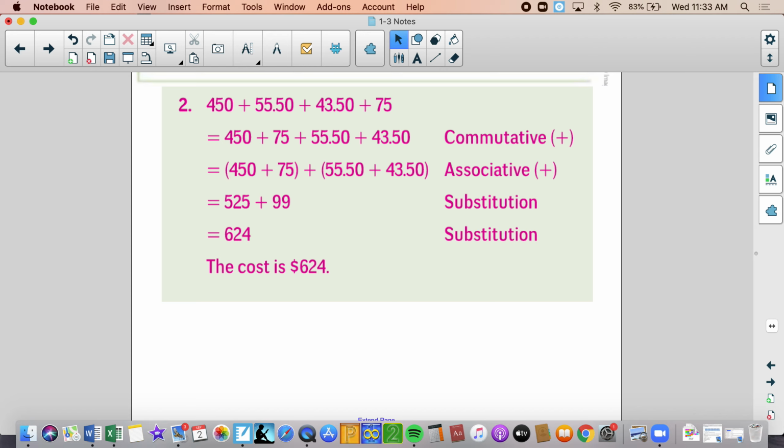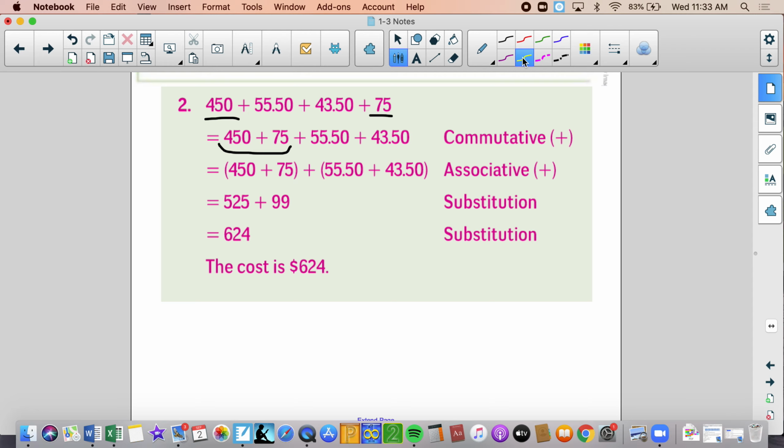So the first thing I would want to do is put these next to each other. And what property allows me to do that? Since it's addition across all of them, I'm able to commute the 75 over and switch it with the other ones. And then I want to group these two and group these two.